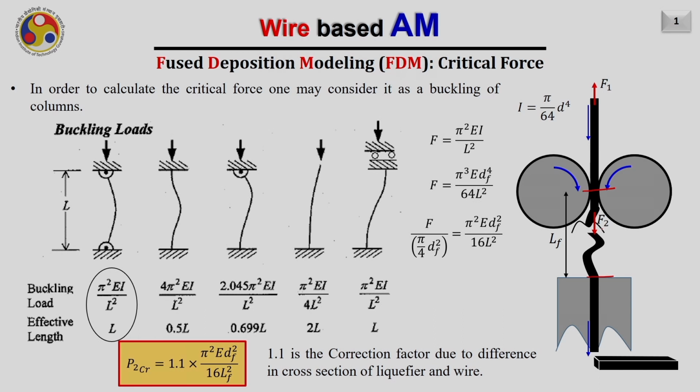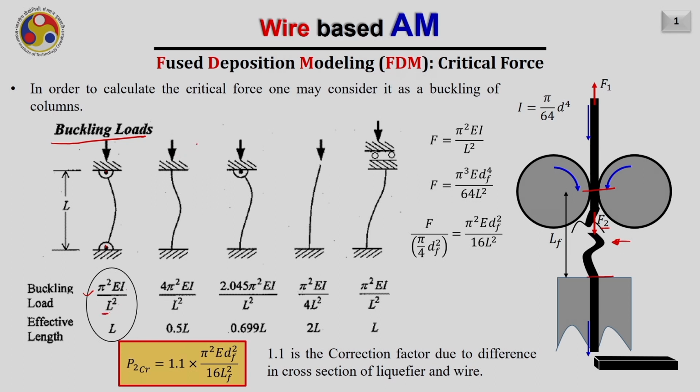This value should not exceed the value beyond which the buckling may occur in the column of the wire shown here. For that we already know that the buckling load, if it is applied for different end conditions of the column, different critical values of the buckling load can be obtained. Like for the column which is pinned from both the ends, the value of the critical buckling load is pi square EI by L square, where L is the effective length.